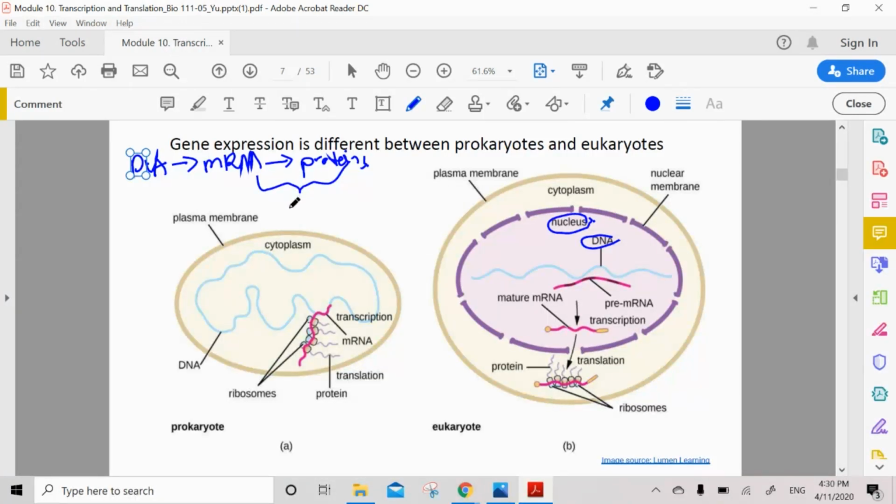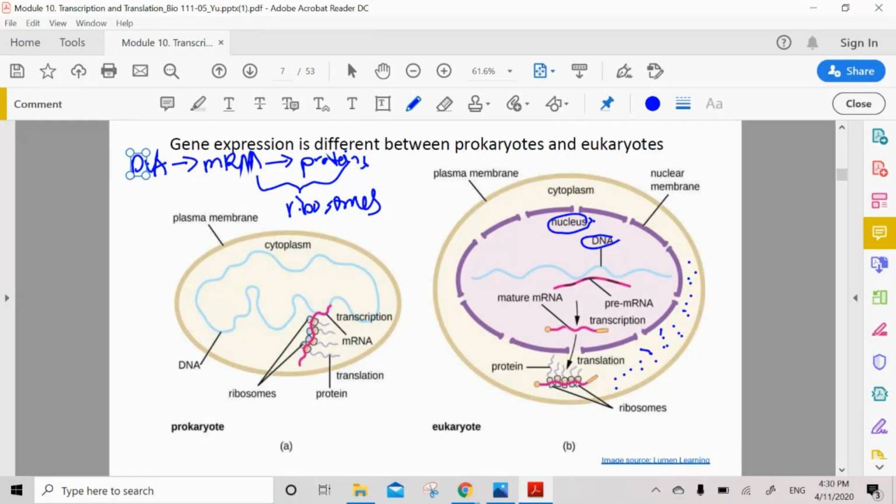And do you remember which cell organelle is involved in making polypeptide chains or making proteins? Ribosomes. And where can you find ribosomes? Can you find them inside the nucleus? No, ribosomes are outside the nucleus in the cytoplasm, right, for eukaryotes.